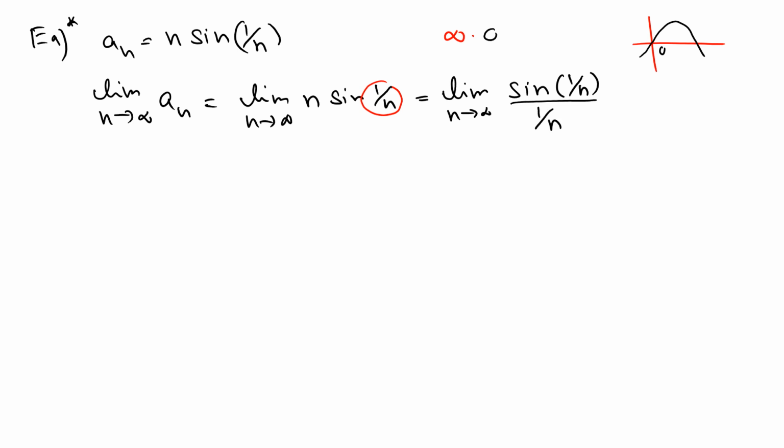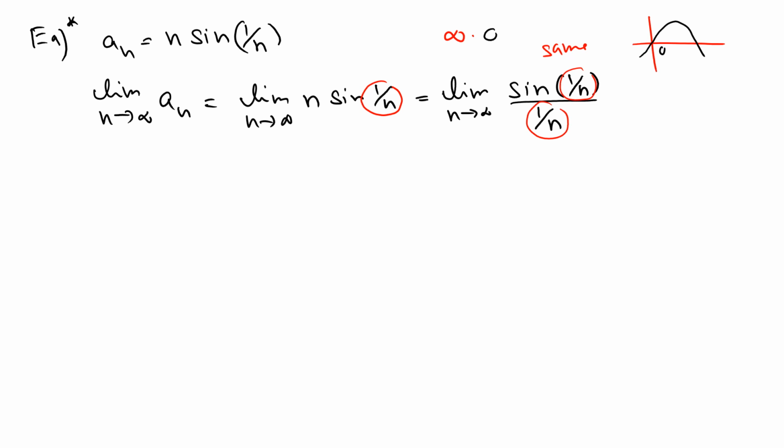Now we can make a really nice argument. What will happen when n goes to infinity? We notice a few things. One thing we notice is these are the same, so this has to be the same. If it is not the same, you have to make it the same. So those two are the same. And also 1 over n goes to 0.